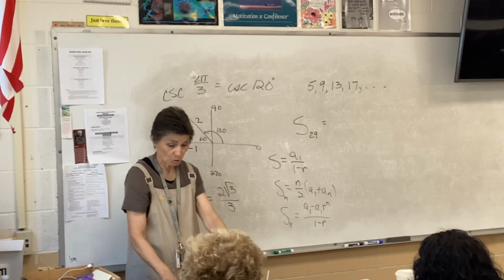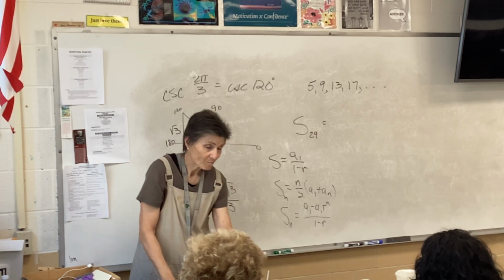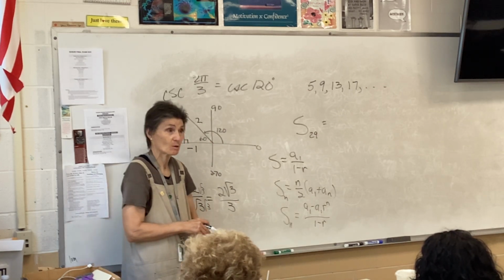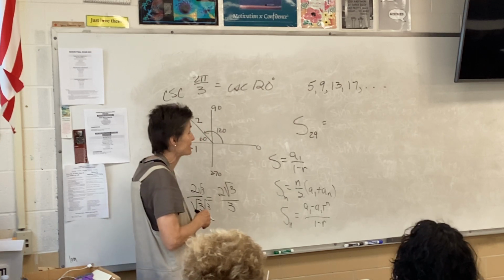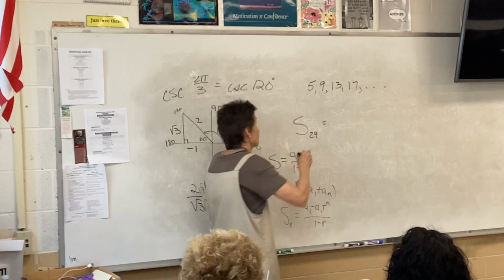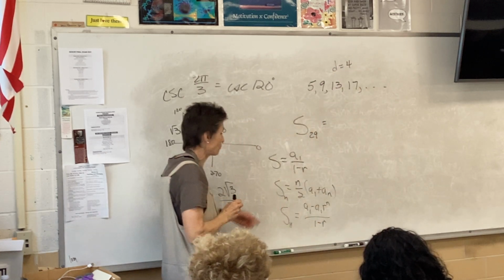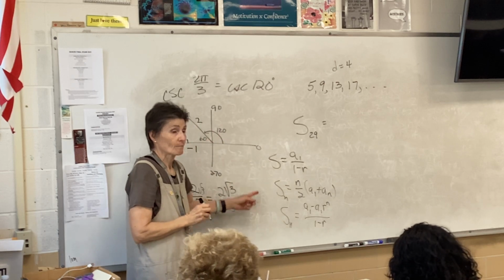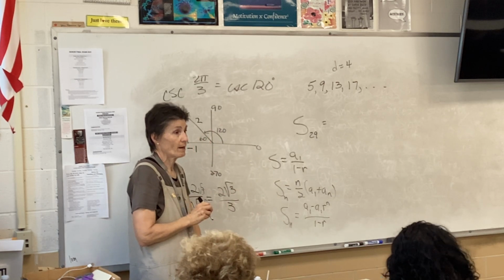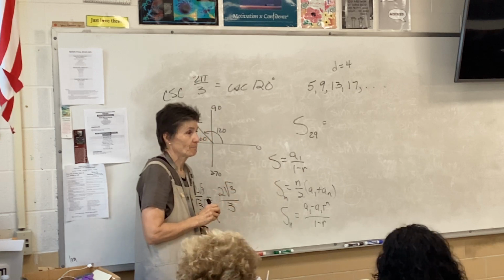How do you decide which one you're going to use? Is it arithmetic or geometric? You have to figure out if your sequence is arithmetic or geometric. So what is it? Arithmetic, with a common difference of 4. So which of these formulas, because I don't have them labeled, is your arithmetic formula? 1, 2, or 3?